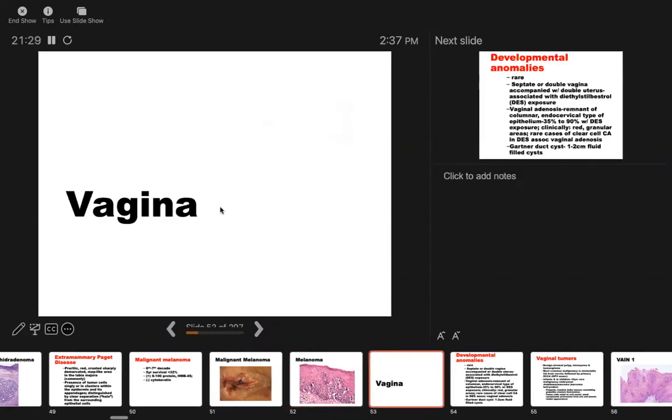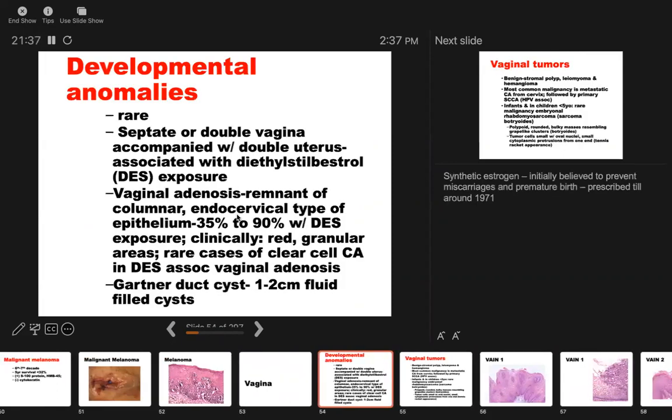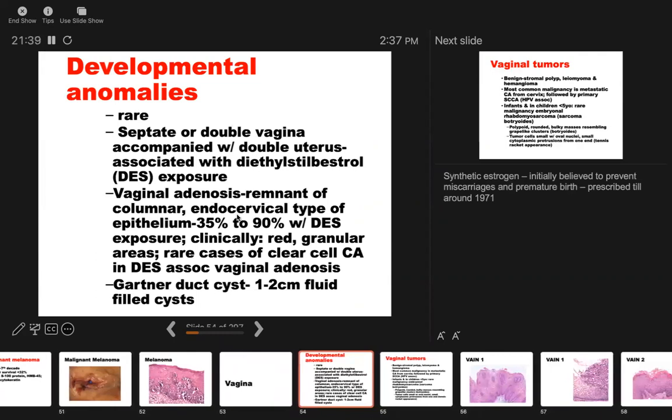Okay, let's go to the vagina. When you're talking of the vagina, there are a lot of developmental anomalies enumerated in the book, but particularly focusing on the following. One is a septate or double vagina, usually secondary to DES exposure.